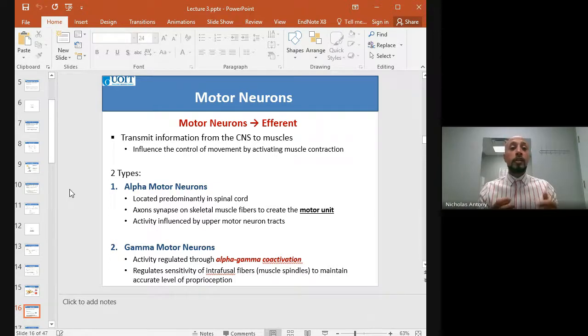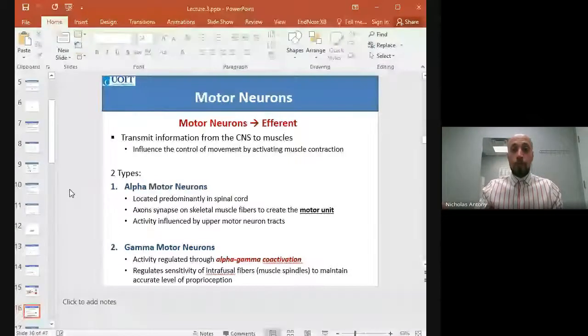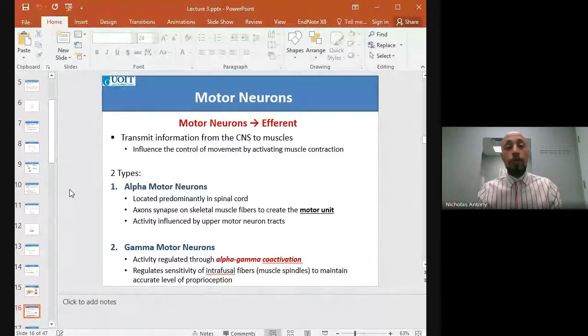So if we're going to regulate control of our muscles, it doesn't happen at the spinal cord level once it's already exited out. There's obviously a lot of integration in the spinal cord, but once that action potential has left and is being generated down the motor unit, it's already an all or none response.